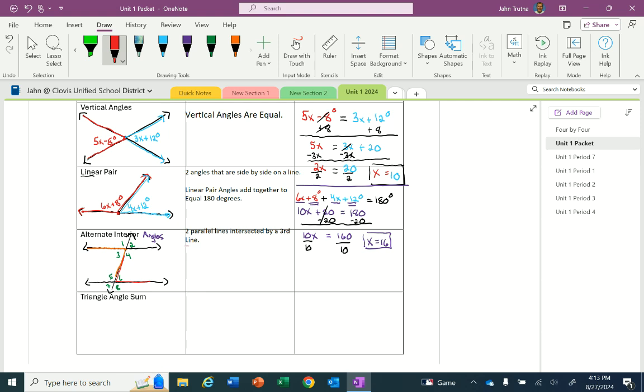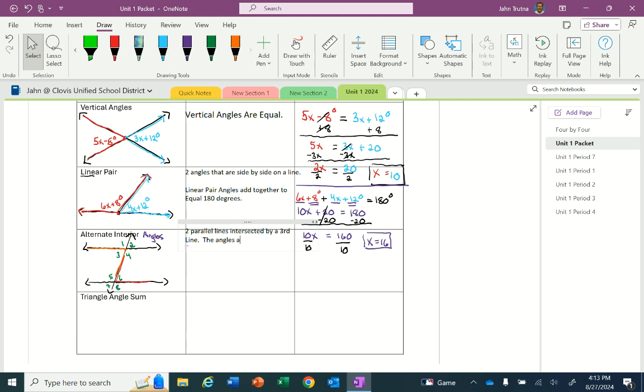But they're on alternate sides of that third line, okay? So they are 2 parallel lines intersected by a third line.